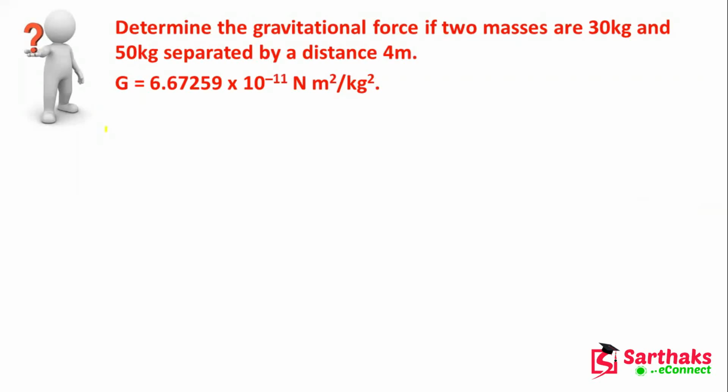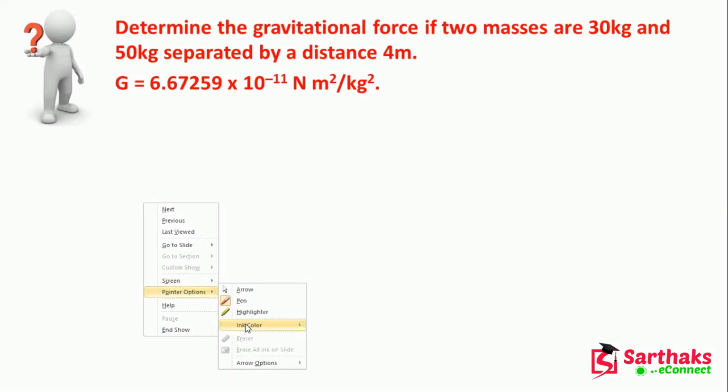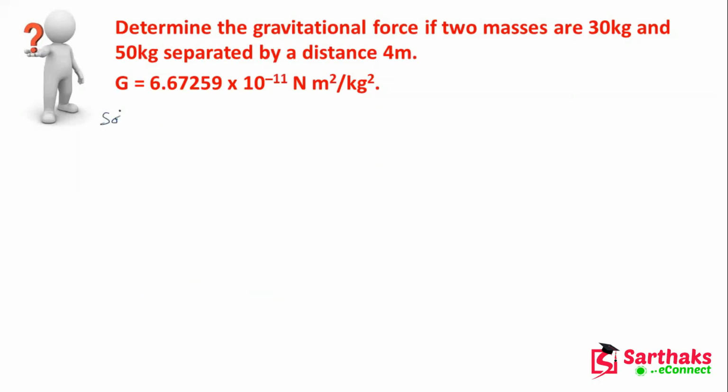So here, let's solve this numerical. I have always told you, whatever the given data, you first write down all the data. Determine the gravitational force if two masses of 30 kg and 50 kg are separated by a distance of 4 meters.